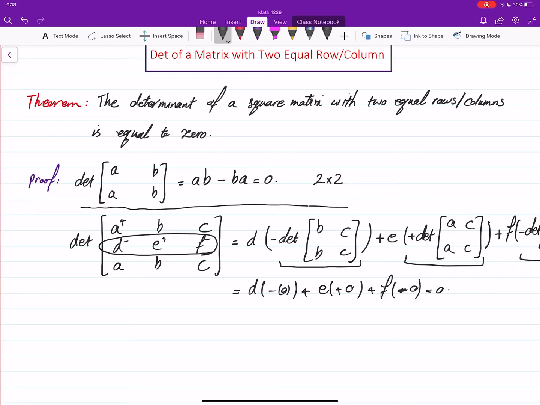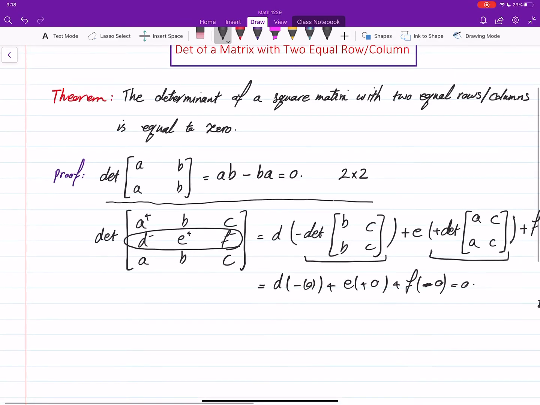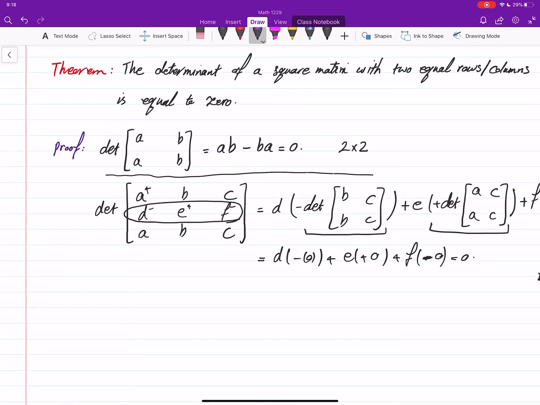Then you continue going down, applying the cofactor expansion one more time, and it will give you 0. If you want to make the proof very precise, this needs mathematical induction, but learn the fact: if a matrix has two equal rows or equal columns, then the determinant of that matrix will be 0.